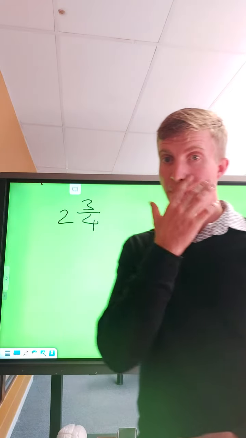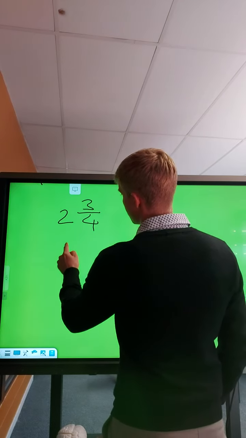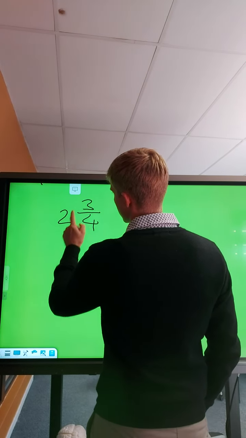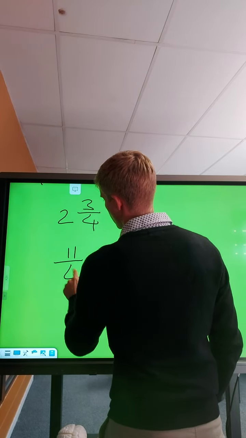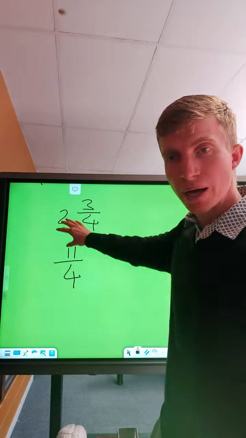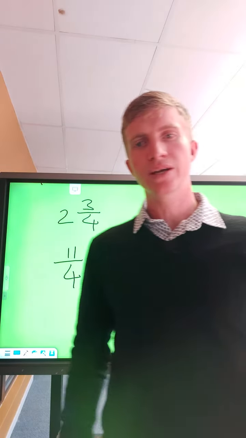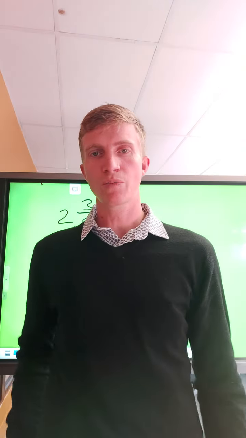An improper fraction is when I say 11 over 4. Okay, so 11 over 4, I see, oh my goodness, my numerator is way bigger than my denominator. So it's off balance, it's improper, it's going to topple over.